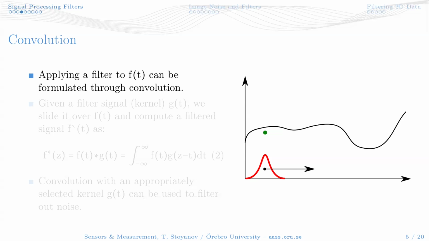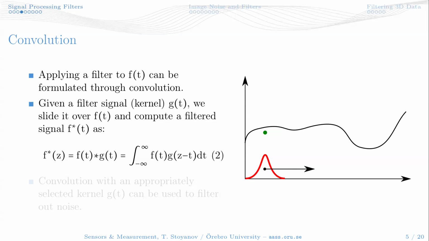Okay, but from a mathematical point of view, you write this out like that. So this is saying if we have a filter kernel, that's g of t, that's the red thing here, and if we have f of t, which is the signal, we can compute the filtered signal, the convolved signal, by this convolution operation. And this just tells you what I just said.